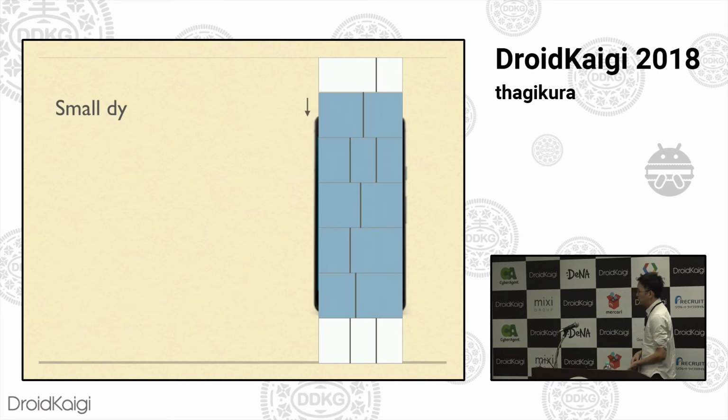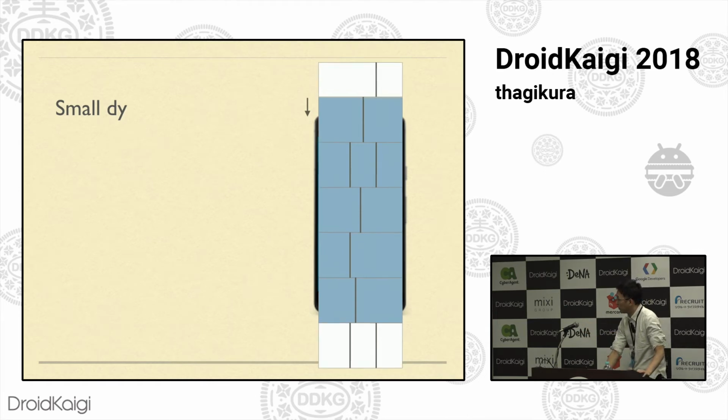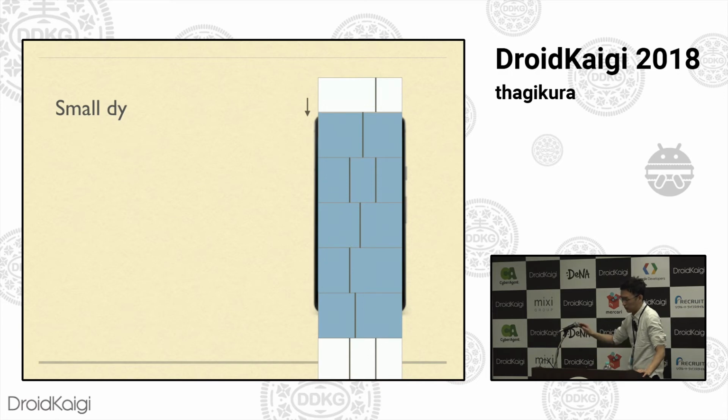Then let's have a look at how this method works visually. If the delta y, the scroll distance, is small, then the method should only shift the existing views, right?